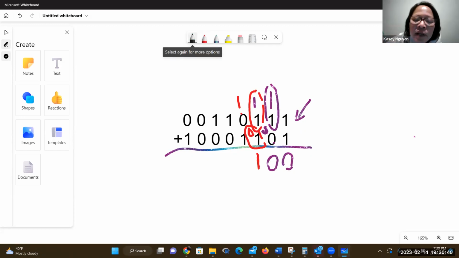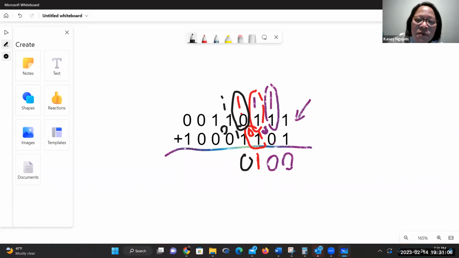Then next, we're going to go to the carry in the top number. That's a 1, right? 1 plus a 0 is a 1. Then I take that 1 and add it to the bottom. Let me undo that because it's blocking. So 1 plus a 1, it's a 0 with the carry. 1 plus a 1 is a 0 with the carry. 0 plus a 0 is a 0.